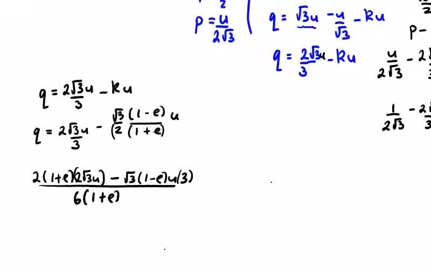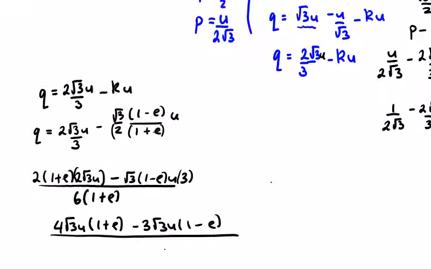So multiplying this out, we're going to get 2 plus 2e. Well, we'll do the numbers first. We're going to get 4 root 3u, 4 root 3u by (1 plus e). And we're going to get 3 root 3u minus 3 root 3u by (1 minus e). So we do need to multiply these out over 6 times (1 plus e).